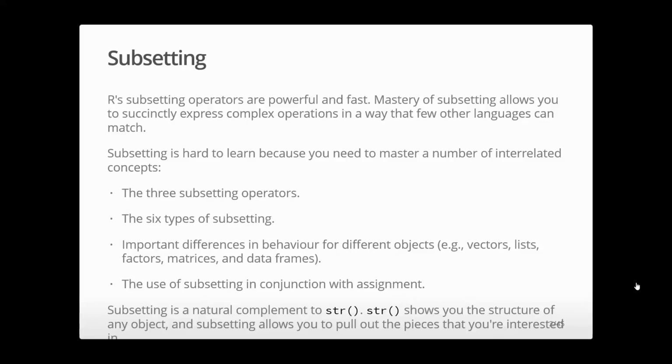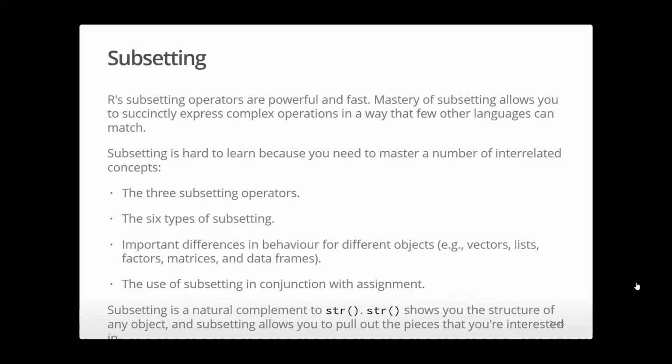All right, subsetting. It says R's subsetting operations are powerful and fast. Mastery of subsetting allows you to succinctly express complex operations in a way that few other languages can match. It says subsetting is hard, and I would say in the beginning subsetting is hard, but then you get used to it, and then you start thinking in subsetting mechanics. I'm sure you guys covered some of this in Stats 20.